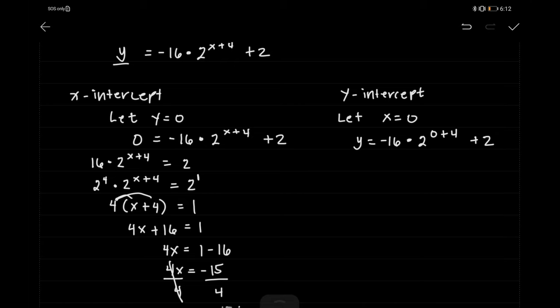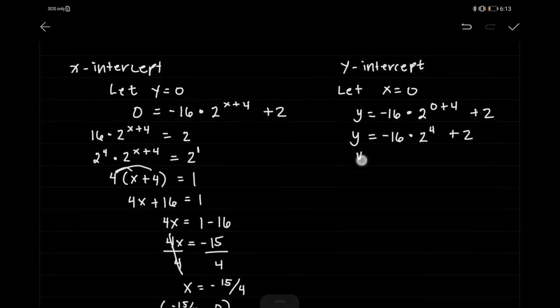So in this case, guys, this is y is equal to negative 16 times 2 raised to, 0 plus 4 is 4, then plus 2. Then this is y is equal to negative 16 times 2 raised to 4, which is also equal to 16. Then plus 2.